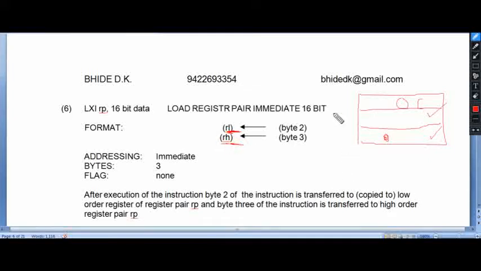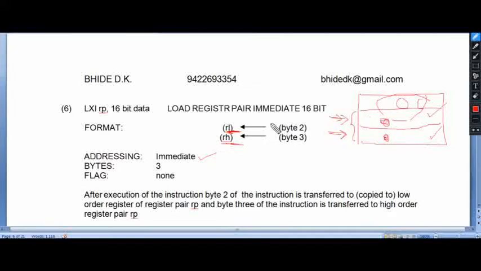whatever is present in byte 3 goes to the high order register of the register pair. When the second and third byte of the instruction, or only the second byte, represents the data, at that time it is called immediate addressing mode. Here the second and third byte represent the number, the data, therefore it is immediate addressing mode. First byte is the operation code, second byte is low order data, third byte is high order data.